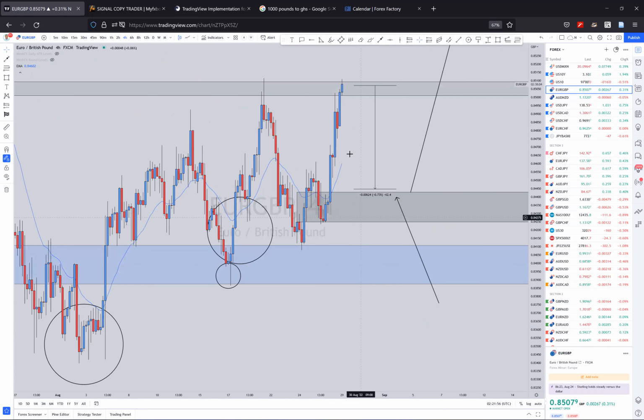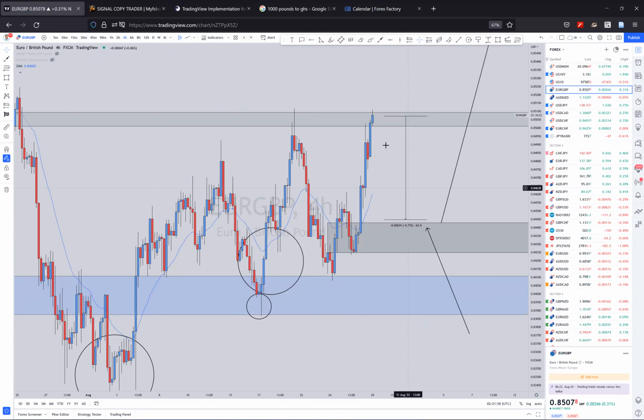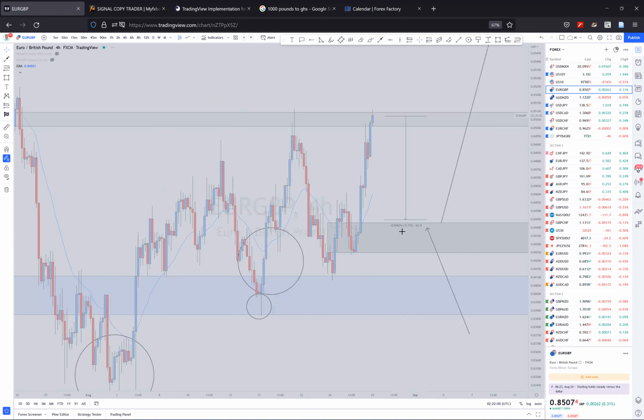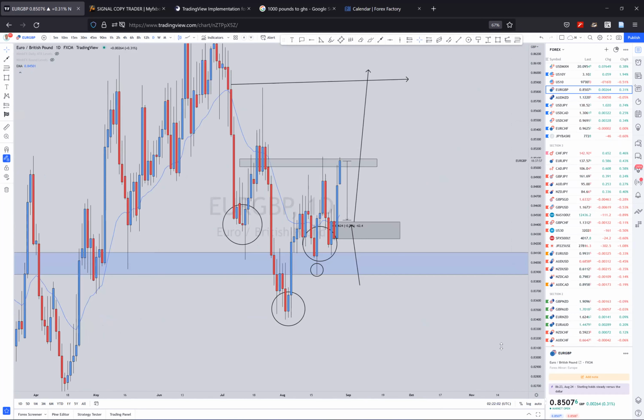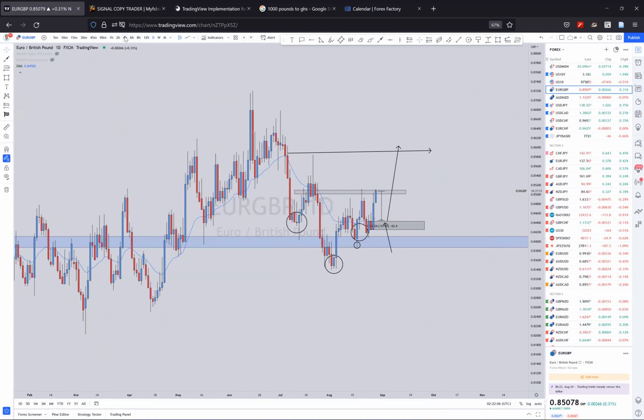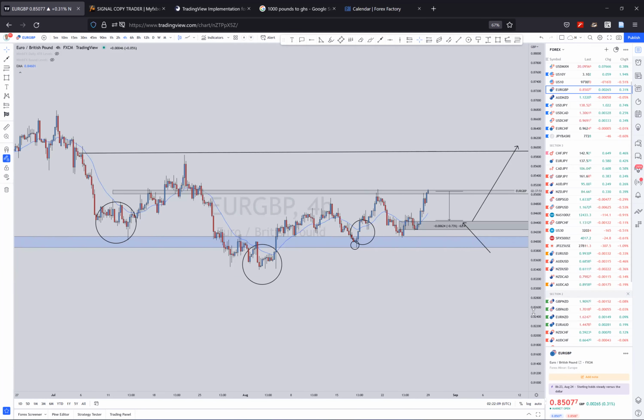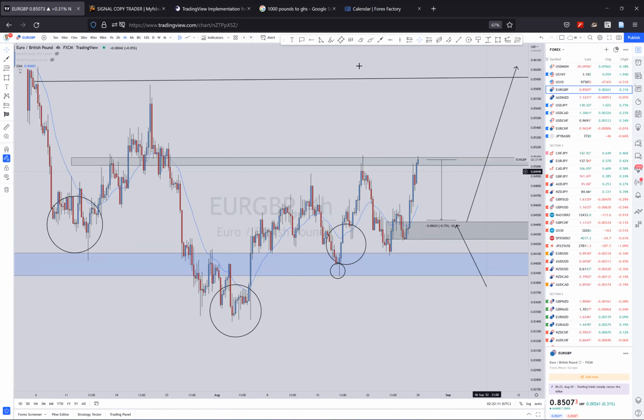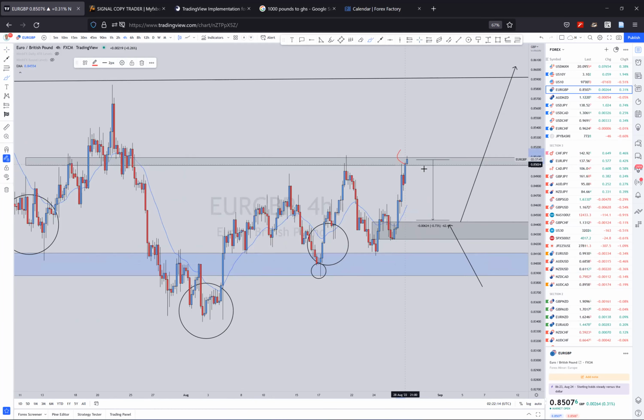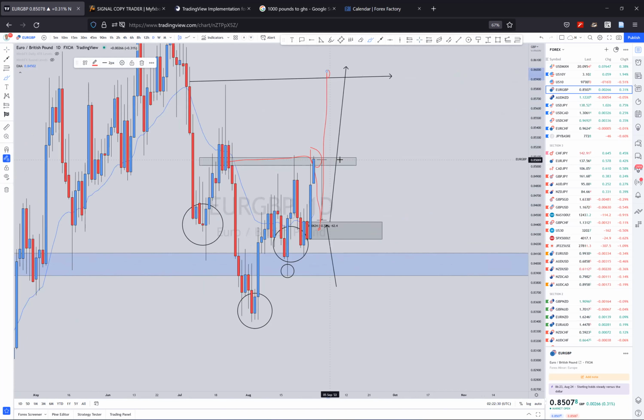So a push to the downside on Euro GBP, and that setup looks more clear on the daily time frame. On the 4-hour, it looks a little tricky. So we'd like to pay attention to how price reacts to the current level it's sitting on. If we get a pullback to the downside, then we would like to buy from here to the upside. So that is Euro GBP and then GBP CHF. Watching the current level for a pullback to continue buying to the upside.